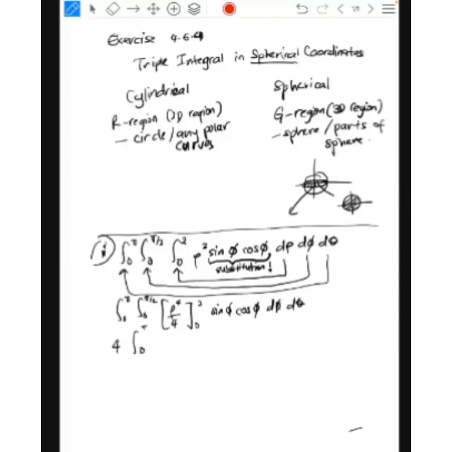For this one, I let u equal sine phi. Why do I choose sine rather than cos? Actually, you can choose cos. However, it is easier to choose sine because when you differentiate sine, you get cos.